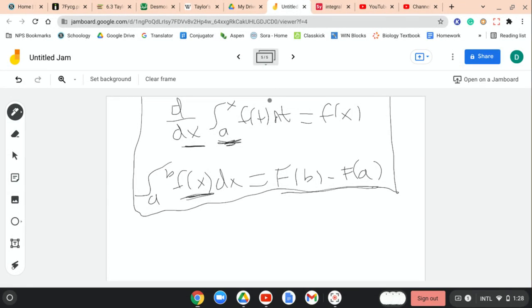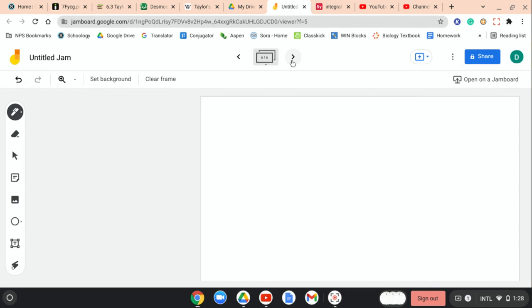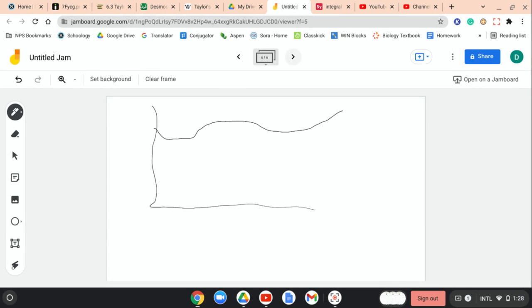And to derive this, I'm going to draw an arbitrary function and ask questions about the area under that function. So we know that the integral from a to x of f of t dt is given by the area under the curve f of x from a to x.